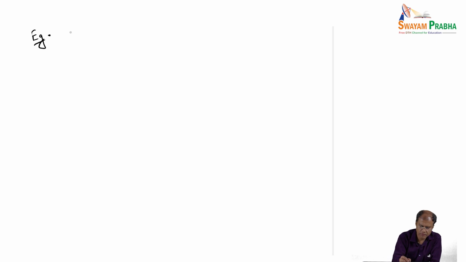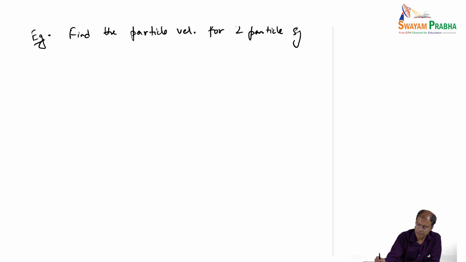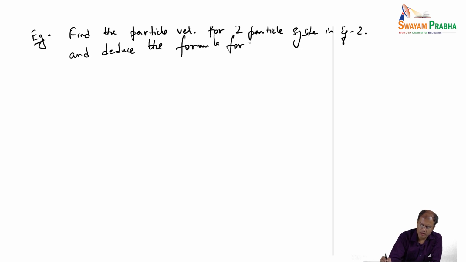The example is: find the particle velocity for the two particle system in example 2, and deduce the formula for the kinetic energy for the equal mass case.